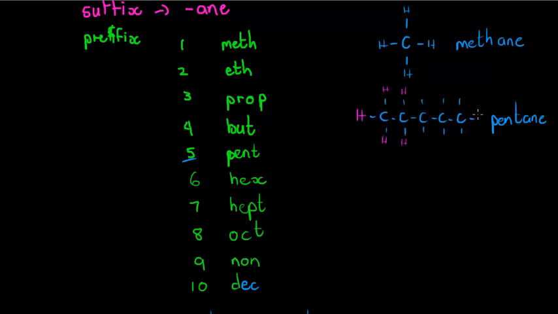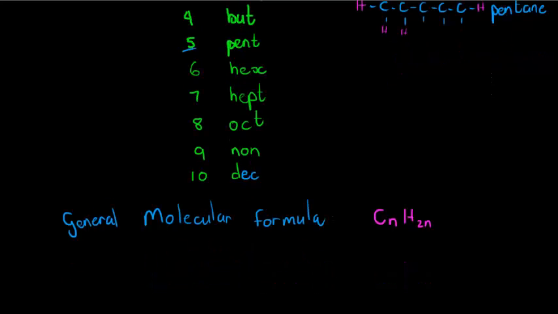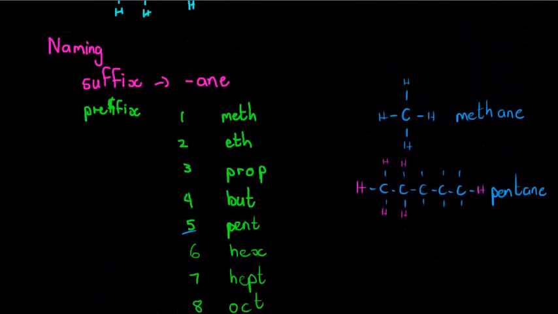So the end points of the carbons would have another 1, 2. Okay, so since there's only 2 ends, we'll have 2 additional hydrogens. Okay, and that is really it.